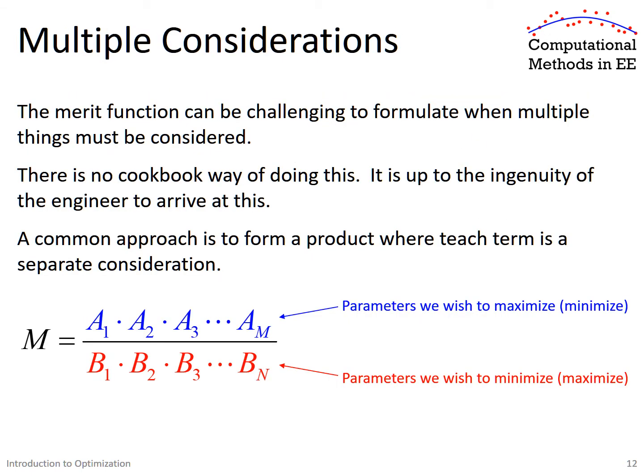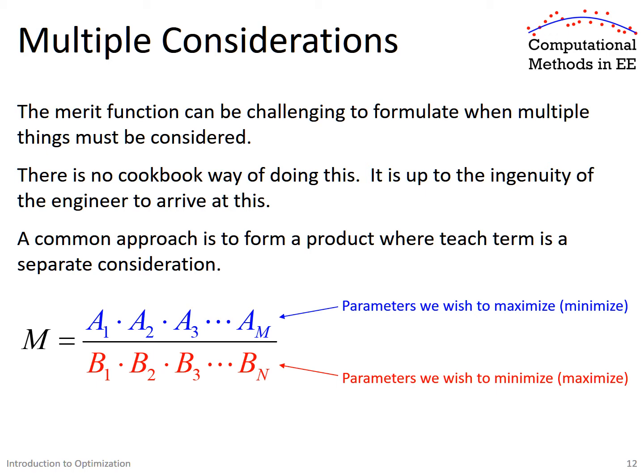So let's say we have multiple things that we want to take into account. How do we tie all this together into a single merit function? Well, there's an infinite number of ways to do this, but what seems to work most consistently for me is essentially a product of all our different considerations. So for example, we might have a bunch of different considerations on the top that we label as A. These are things that we want to maximize, like bandwidth of a device or something like that.